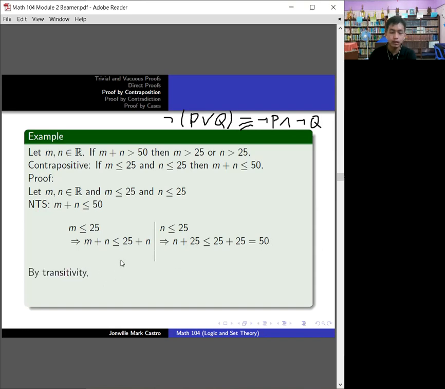By transitivity, m plus n is less than or equal to 50, which is what we want to show. Therefore, m plus n is less than or equal to 50. Yan yung proof natin. Yan yung proof by contraposition. So, not Q implies not P.